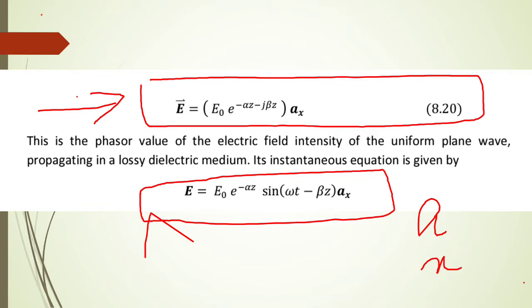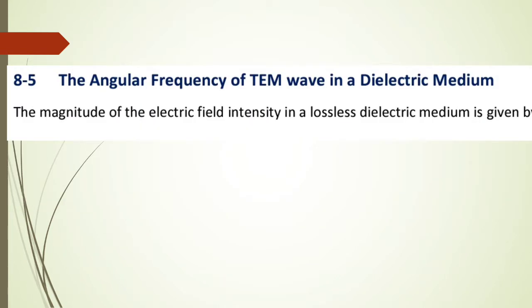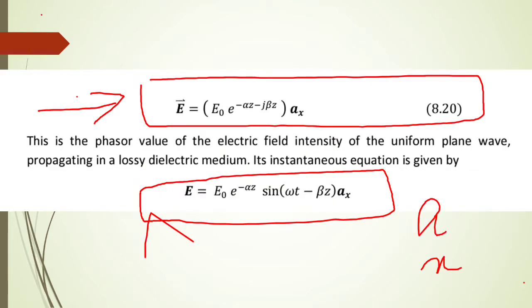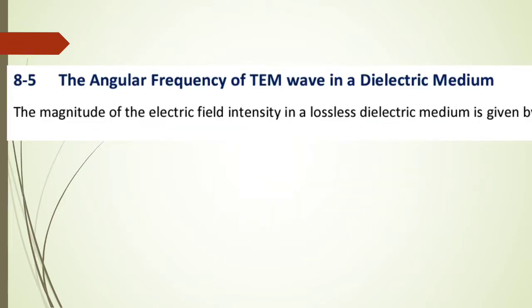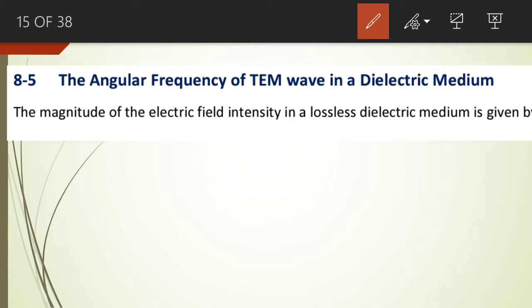the angular frequency of the electromagnetic wave, which is represented by omega, the phase constant of the wave, which is represented by k, and the speed of the wave or the velocity of the wave, which is represented by v.